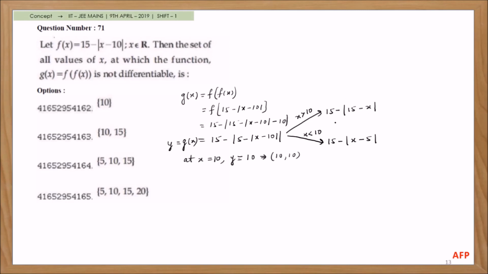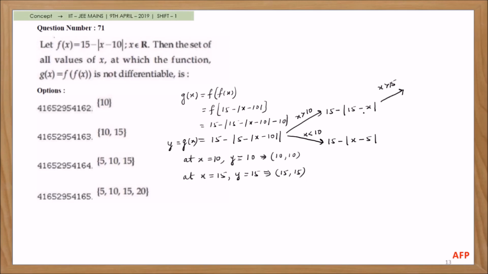Here in this case, if you put x is equal to 15, y you are getting 15, so the point you got is (15, 15). Okay, so less than 15 you have one equation, so more than 15 you will take.